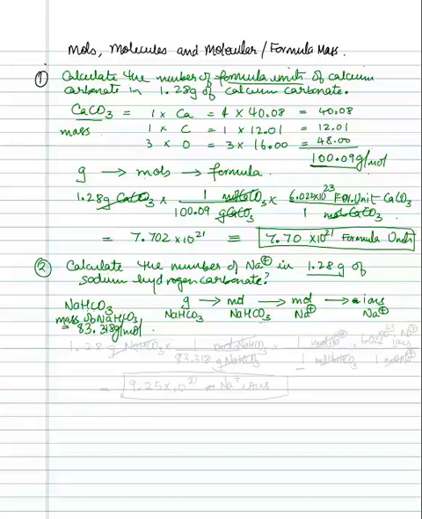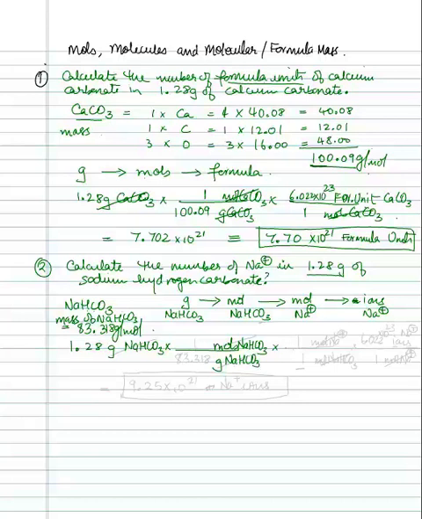So starting with 1.28 grams of sodium hydrogen carbonate. As I said, always write the chemicals out so you know what you're dealing with. To convert it to moles, you need to have moles on the top, NaHCO3, and grams of sodium hydrogen carbonate down here.